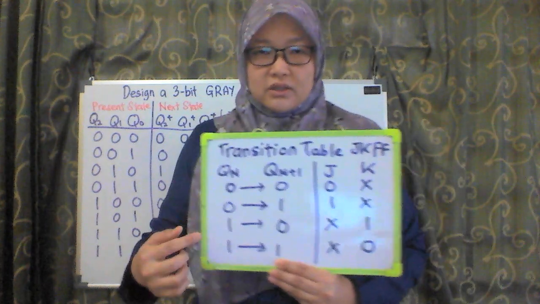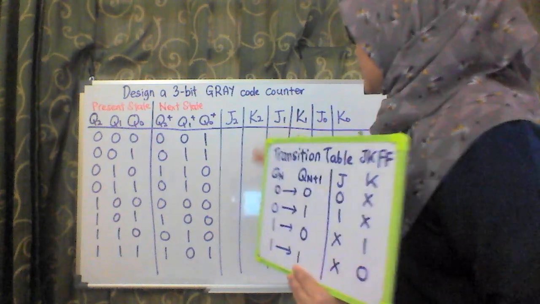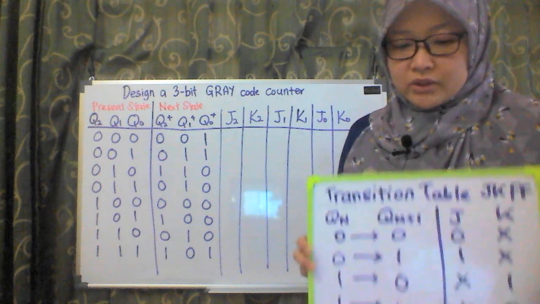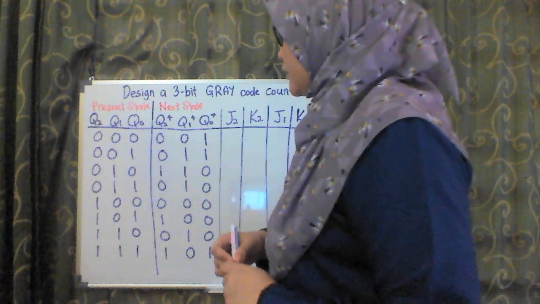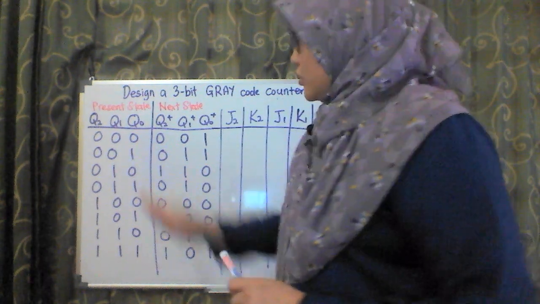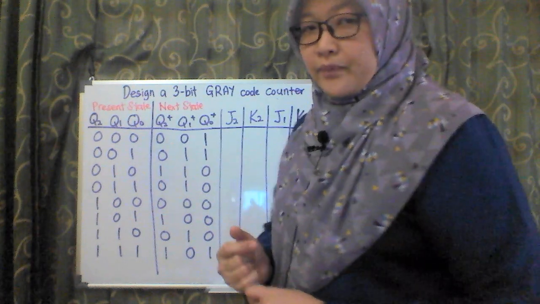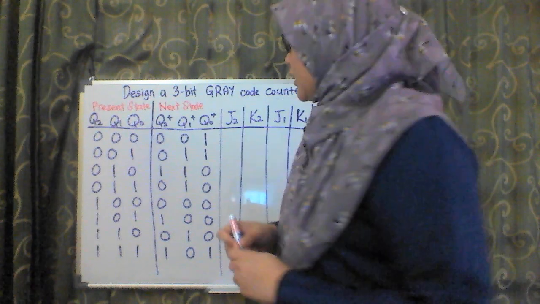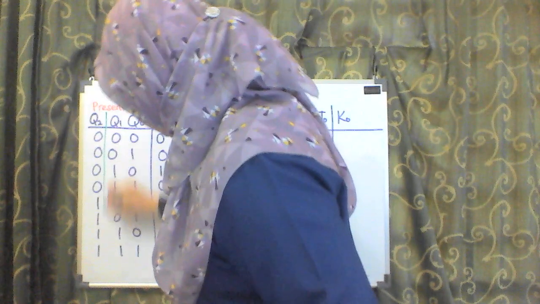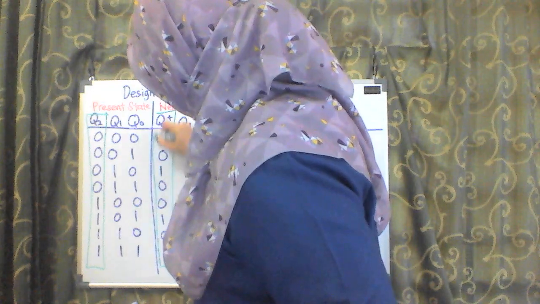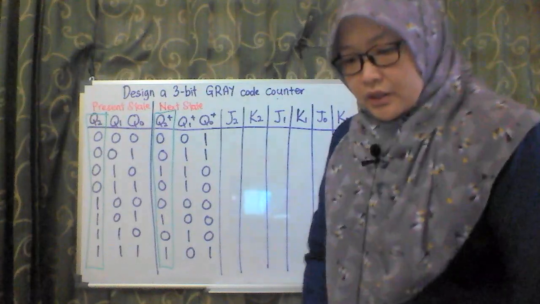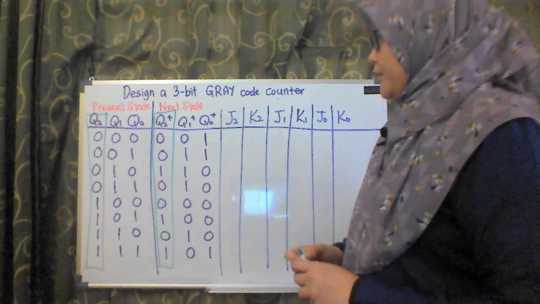So with this transition table, you need to write it down inside your state table. Let us check line by line. For this, you need to check it using the column, not by rows. I want you to focus just on Q2 and Q2 bar.